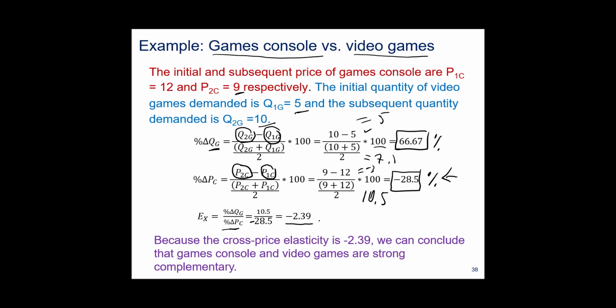So this value indicates that the two goods are strong complements. If you take the absolute value of this result, it is greater than 0.5. So these two products are strongly complementary products. They are used together, and the quantity demanded for one of them is very sensitive to the change in the price of the other good.